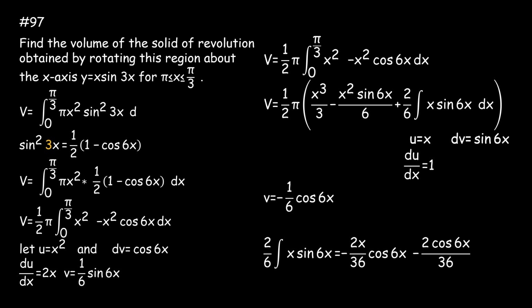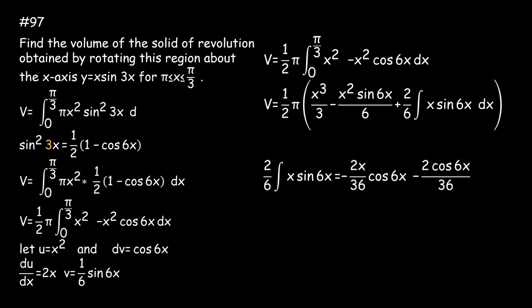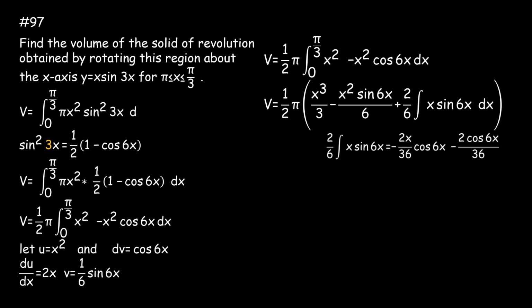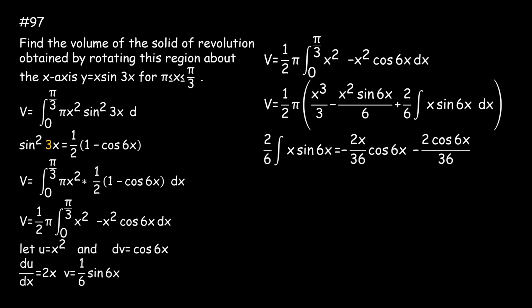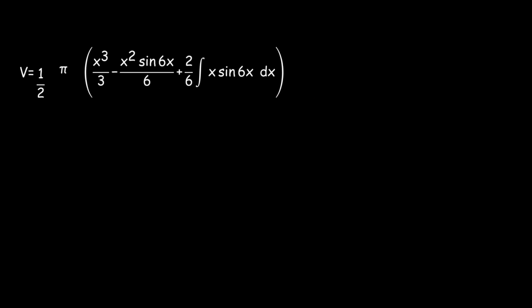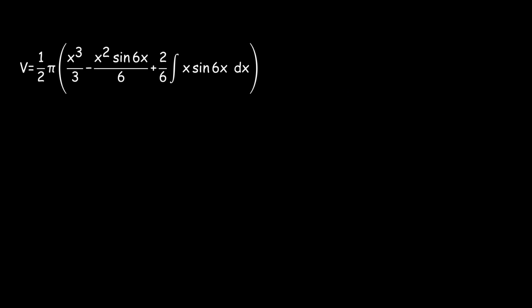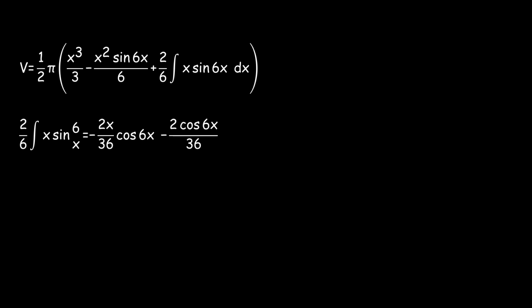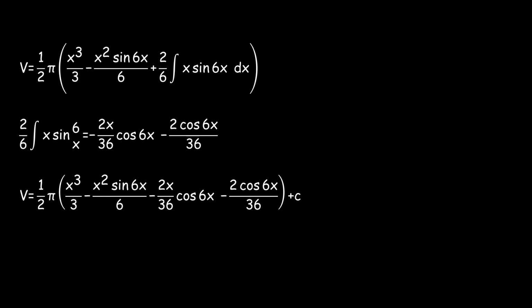So we're going to replace this value that we got into our equation right over here, such that we have the volume being equal to half pi times x cubed over 3 minus x squared sine 6x over 6 plus 2/6 times the integral of x sine 6x dx. Now our final answer would be 1 over 2 pi x cubed and so on plus c.